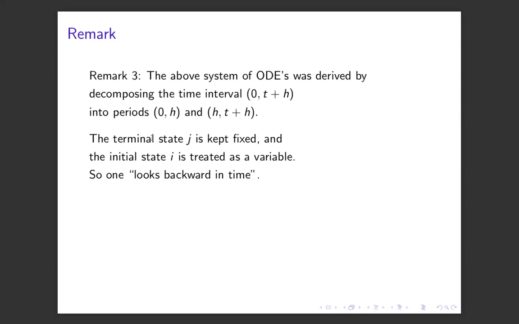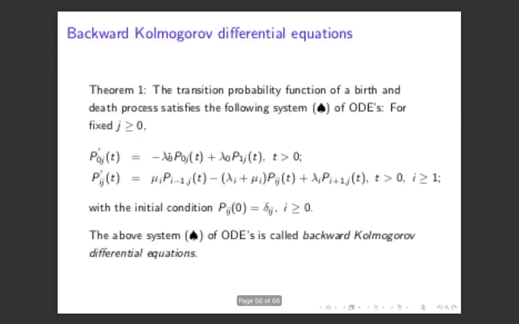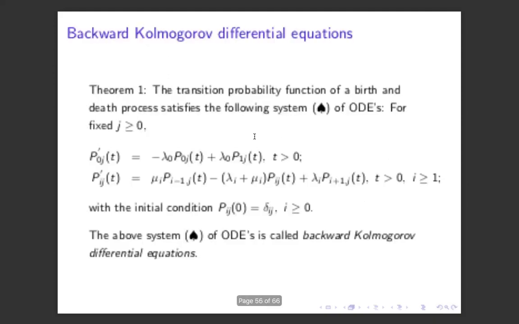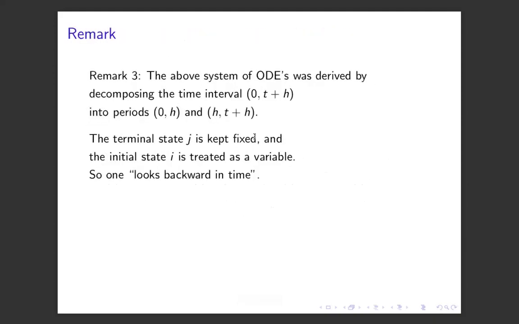And the initial state i can also vary in our analysis. Whereas j remains the same. So figuratively, it says something like looking backward in time, namely it is something like in an ODE, the terminal value you give, and you have to determine the solution.